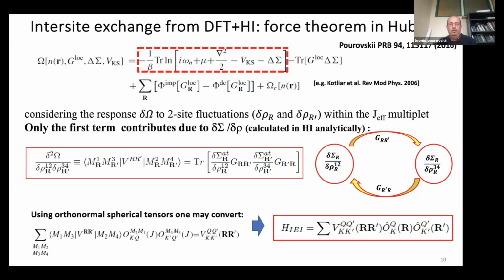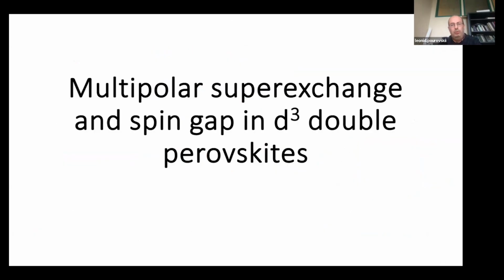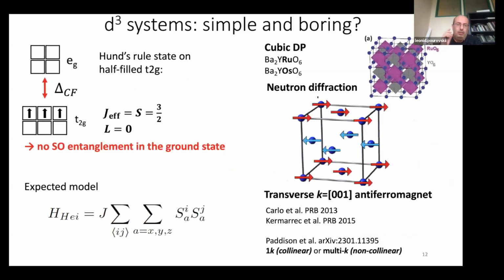So now I will turn to applications. I will more or less follow the order which was proposed by Bruce. I will start with a relatively straightforward case of these double perovskites. As already mentioned in the previous talk, these compounds are relatively less exotic.